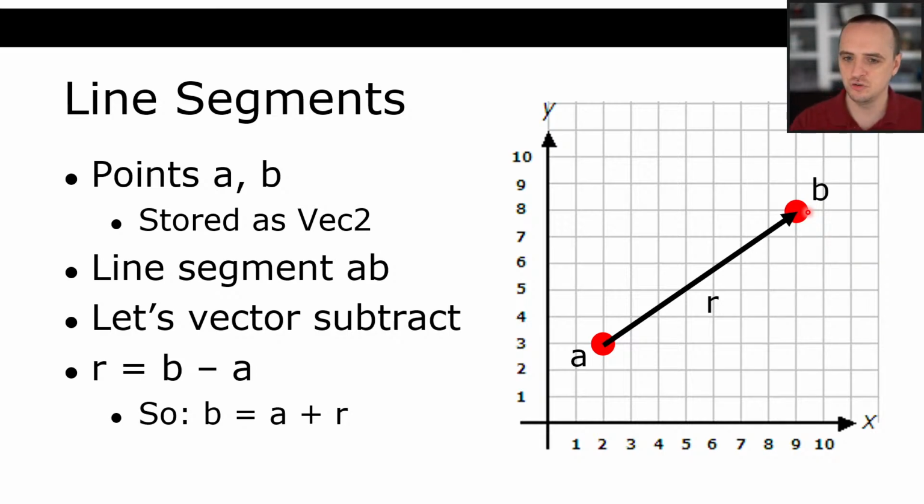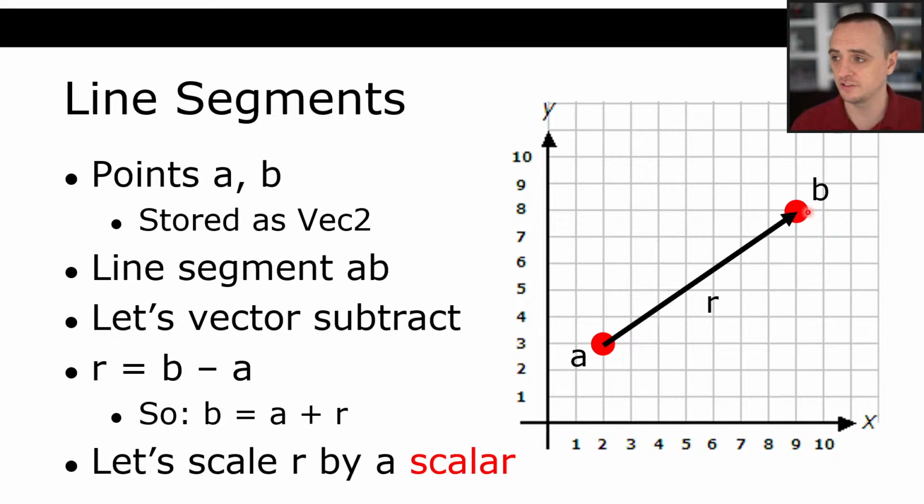But let's introduce another concept now called a scalar. We've kind of talked about this before, but we're going to scale R by a scalar value. So that's why it's called a scalar, because you get to scale something. So right here, if I take R as just R, then that's 1 times R. Our scale value is 1, right? So that's not very interesting.